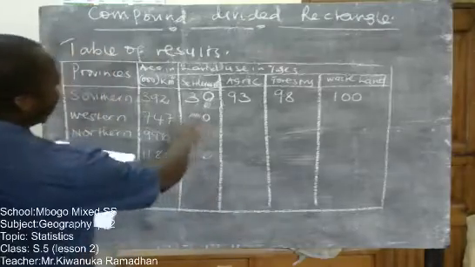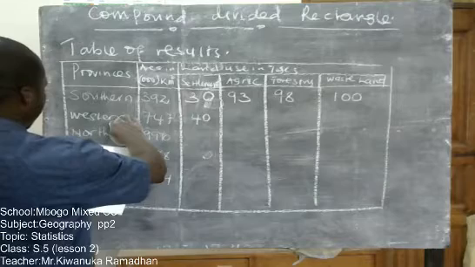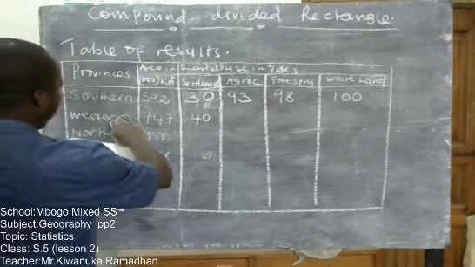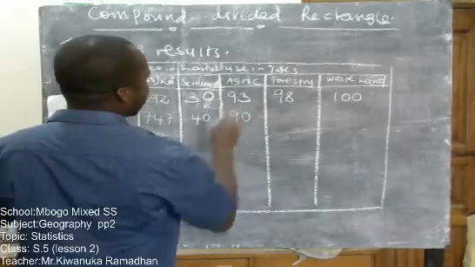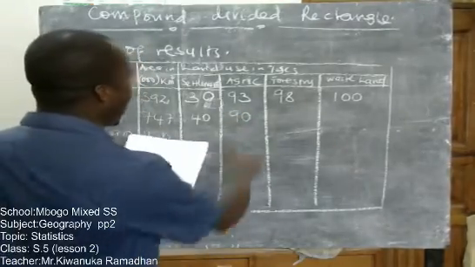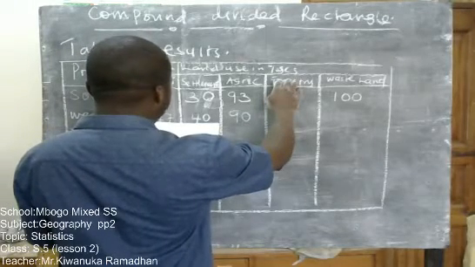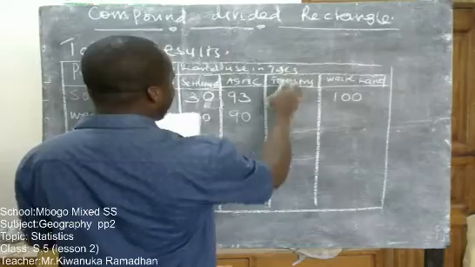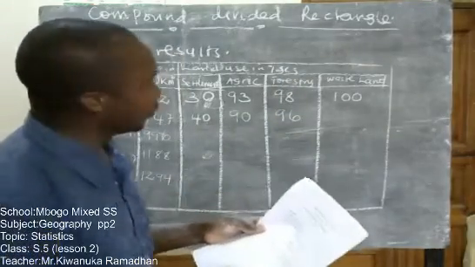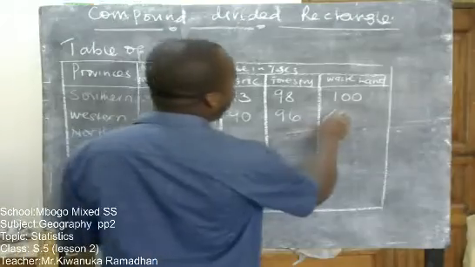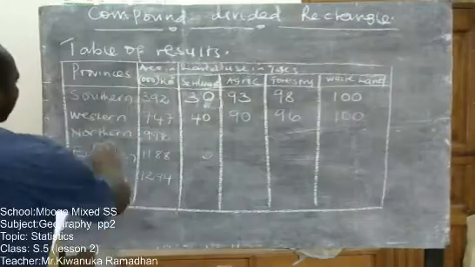So the 40 settlement, we are adding agriculture in western, which is 50. 50 plus 40, we get 90. 90 plus, if you add on forestry, which is 6, it becomes 96. You add on the 4 for wasteland, it becomes now 100. We go to Northern.